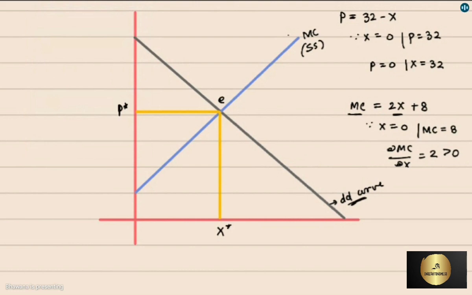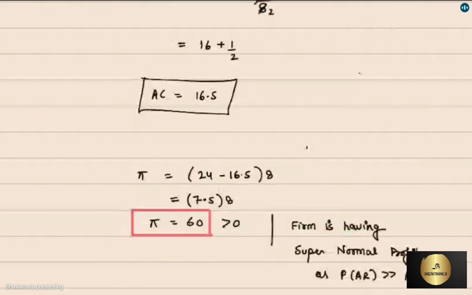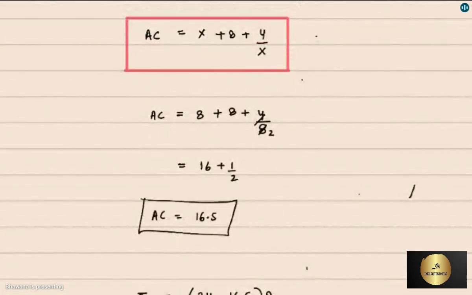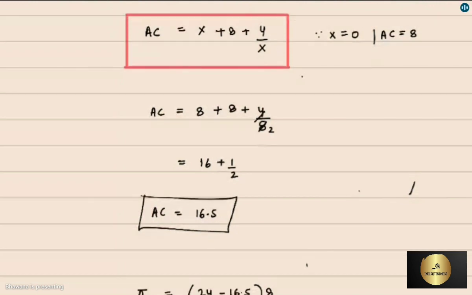And for this particular situation, what is our average cost curve equation? So in this scenario, when you put x is equal to 0, then you will get average cost equal to 8. And when you further solve it, then it would be like 8 plus x plus 4 by x.